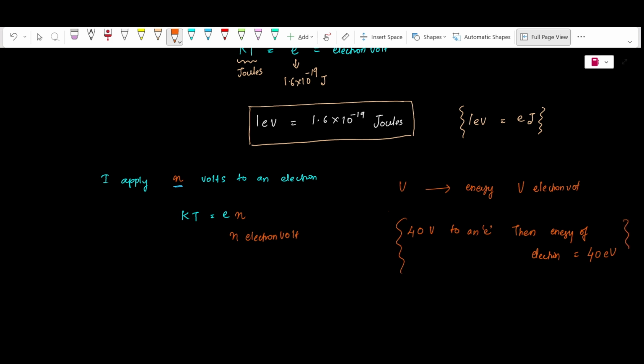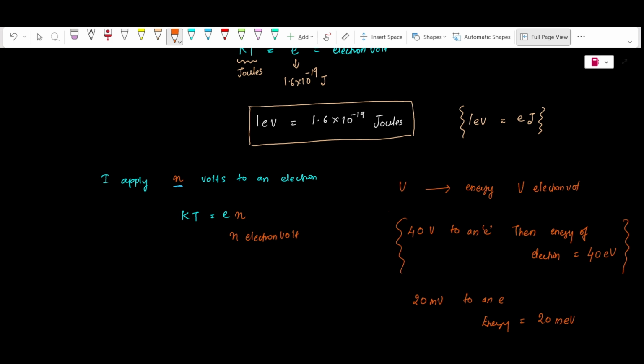So this gives a clear connection between voltage and the energy of the electron. Similarly, if I apply 20 millivolt to an electron, then the energy is nothing but 20 milli electron volt, and so on.